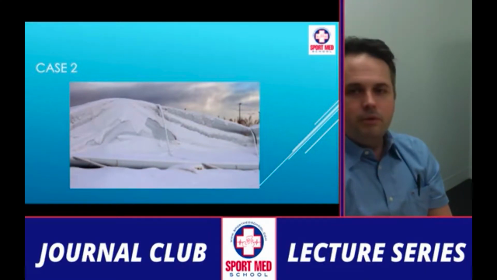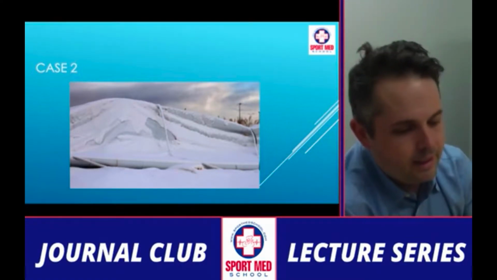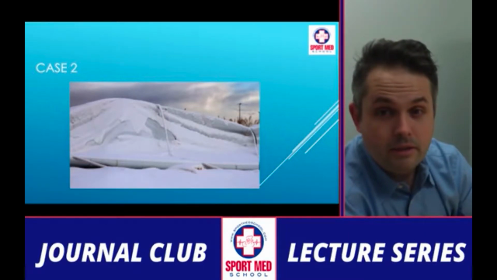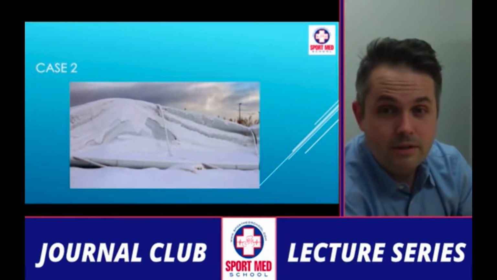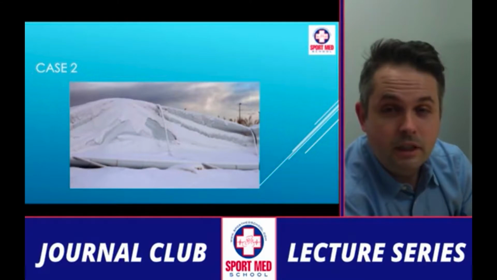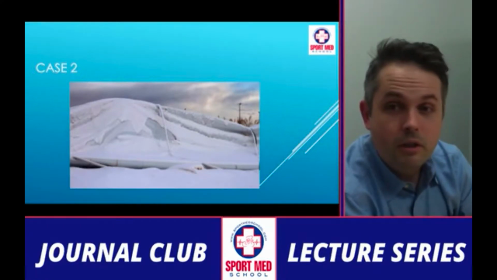So what we've got here, you are working at a training facility for a soccer club, and you were inside, and you went inside to get some equipment, and you hear a loud crash and bang, and as you come back out to where the dome is, this is what you see: a large collapsed structure.